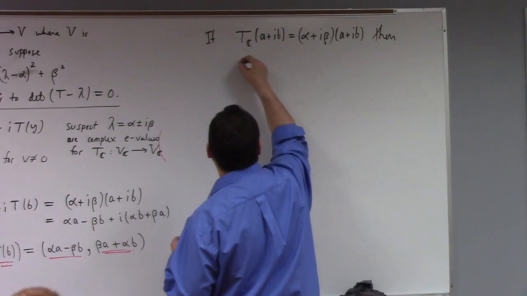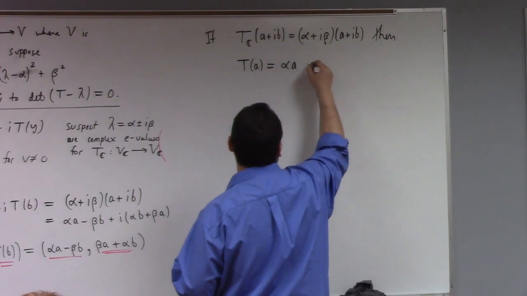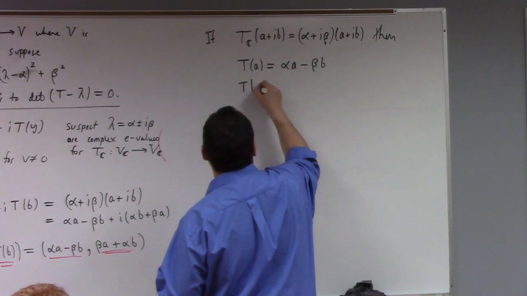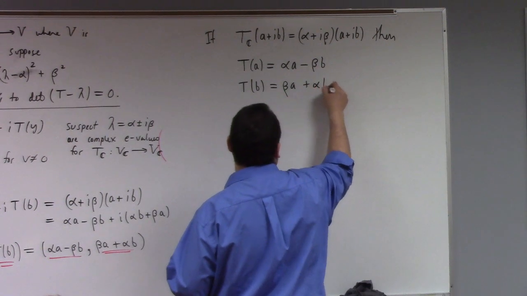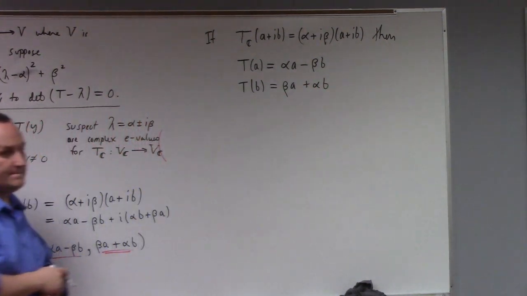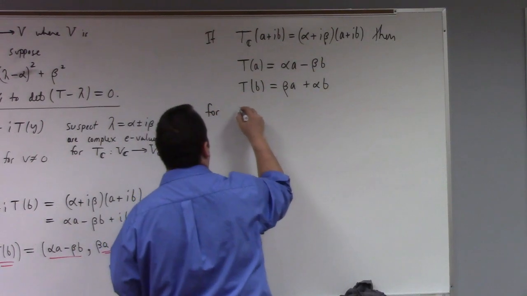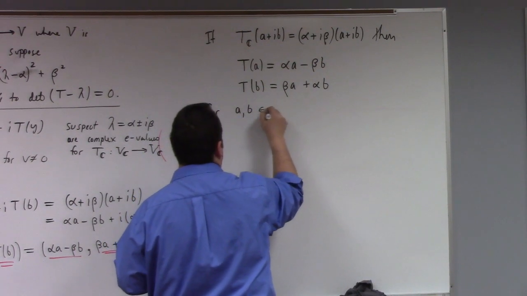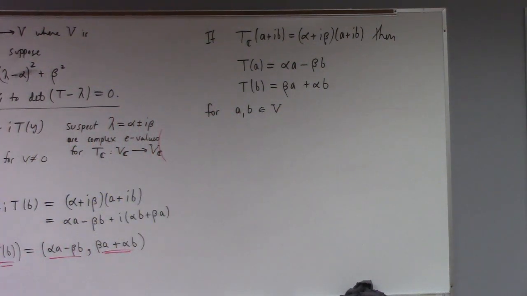We have that T of A is equal to alpha A minus beta B, and we also have that T of B is equal to beta A plus alpha B. Here A and B are vectors in V. So the existence of an eigenvector for the complexification has given us this information about the underlying real transformation.